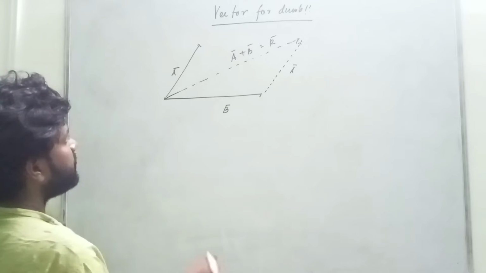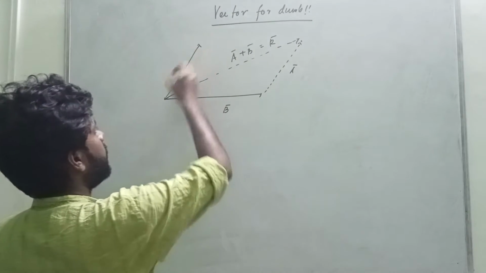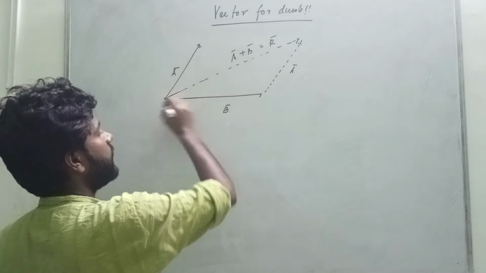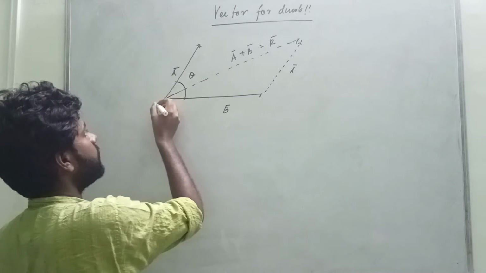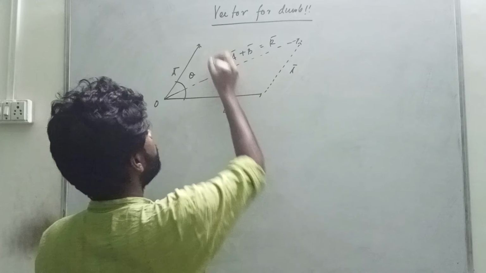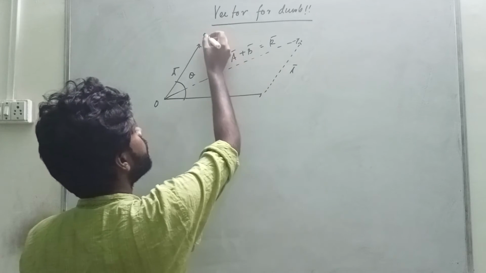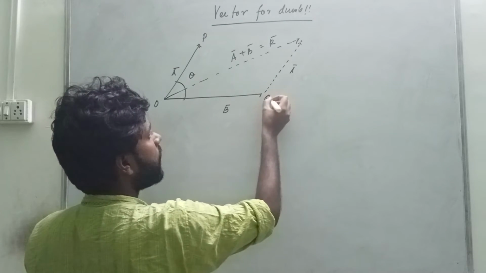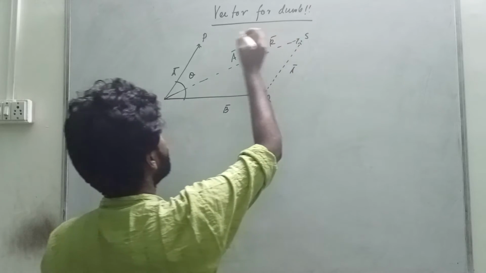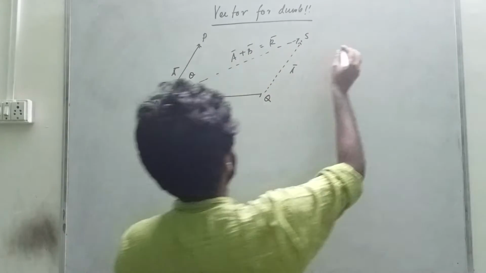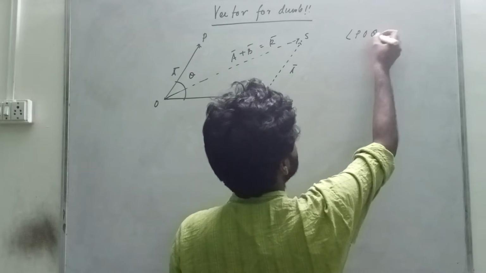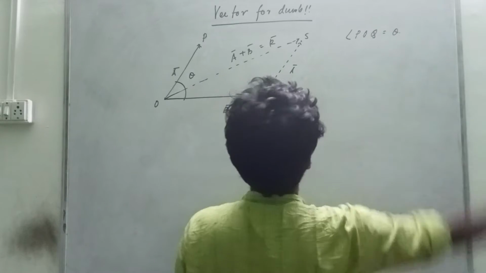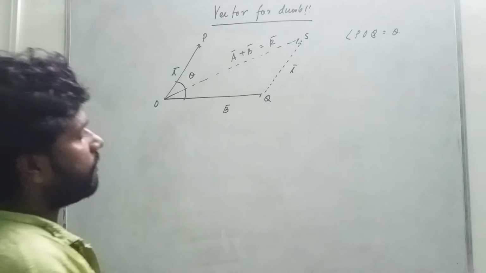Okay, so let's take it, the angle in between a and b is theta. I just named it O, P, Q, S here, and the angle P, O, Q is actually theta, right?